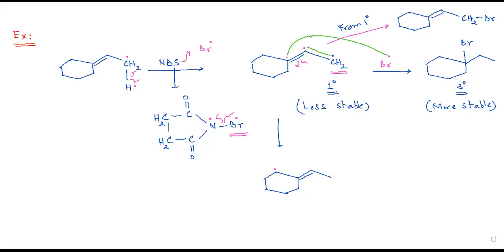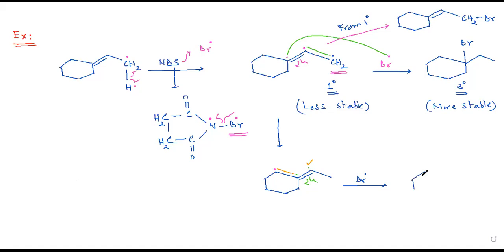Again, go for homolytic fission here. Combine these two. This will remain as such, to which we will be adding a bromine free radical.